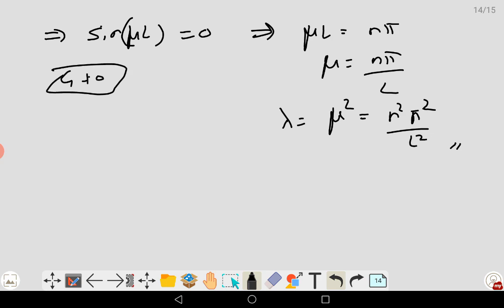Therefore C1 is not equal to 0 here, we assumed. In the equation of y, put C2 equal to 0, C1 is non-zero.